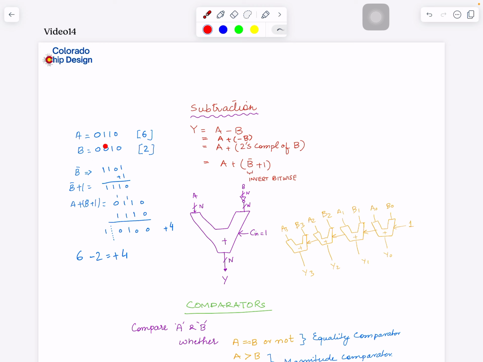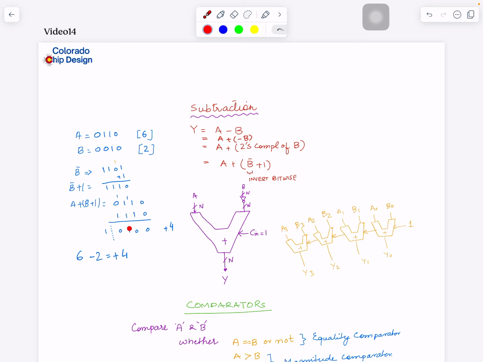So all we have to do now is take the number a, which is the equivalent of 6 in binary, and add b dash plus 1, which was this number. So let's add these two numbers. 0, 0, 0, 1, 1 is 1, 0, so 0 is here, 1 is carry. 1, 1, 1 is 1, 1.